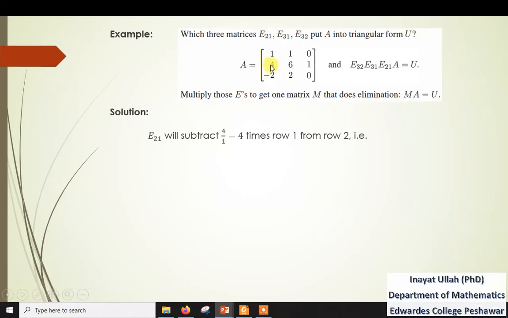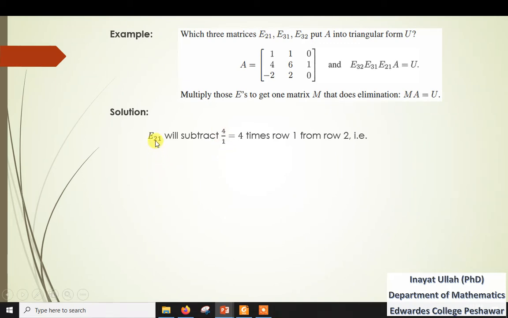So how could we make this 4 0? We need to multiply row 1 by 4 and then subtract it from row 2. Now what does it mean, 4 by 1? We have studied in the previous lecture that this 4 by 1 is actually the multiplier, which was denoted there by L. And how could we find this multiplier?